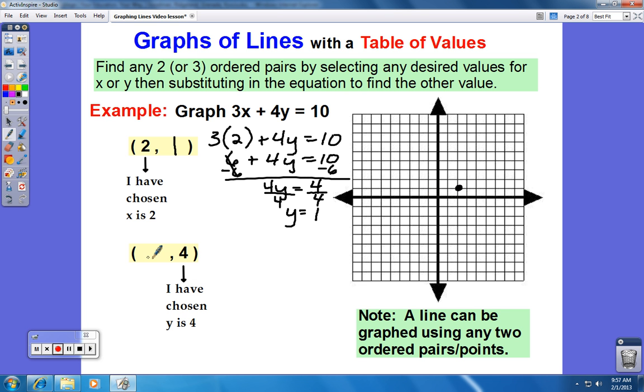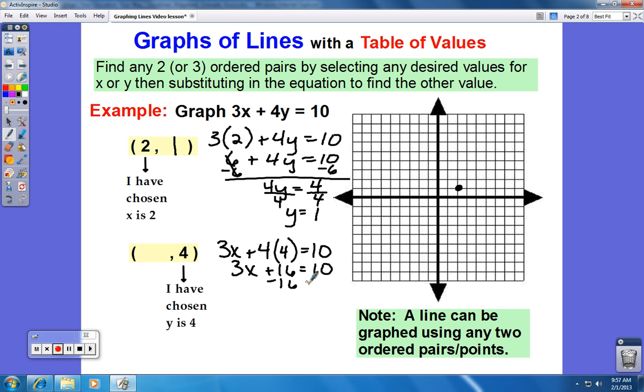Now we're going to come over here for our second point, or second ordered pair. Notice now we have 4 in the place of the y value. So what we want to determine is, okay, where would that be as far as our x coordinate is going to go? So what we'll do is take 4, we'll substitute it in the place of y this time. So we're going to have 3x plus 4 times 4 equal to 10. And we'll use steps to solving equations again.